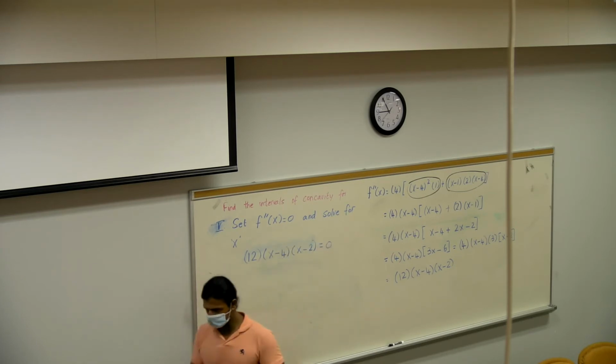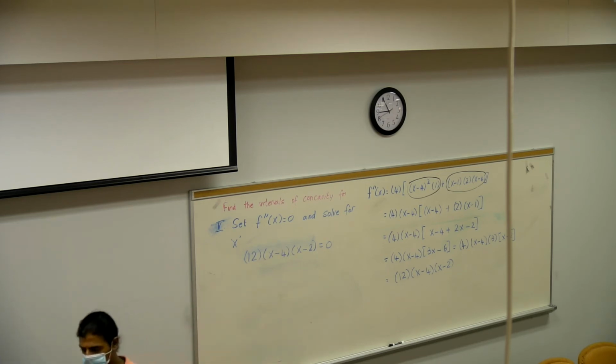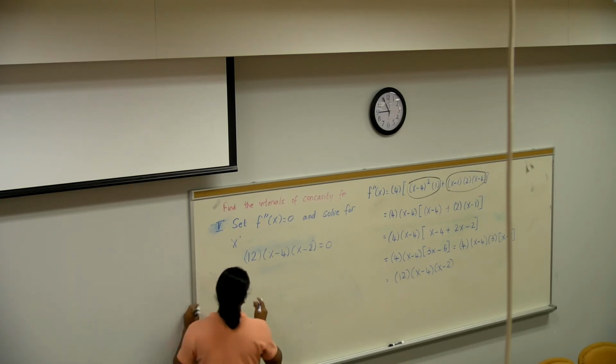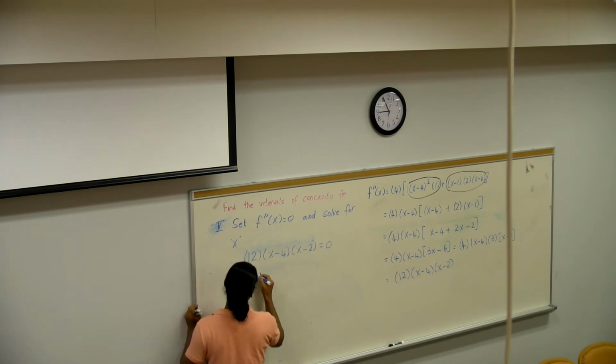If I set the second derivative equal to 0 and I solve for x, what would I get? The solution that I'm going to get is the point of inflection. So divide by 12 on both sides.